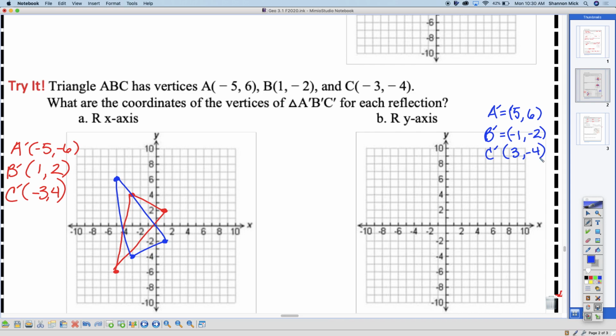So negative 5, 6. 1, negative 2. And negative 3, negative 4. No, 3, negative 4. 3, 4 did not work. That was almost a straight line. I was confused for a second.